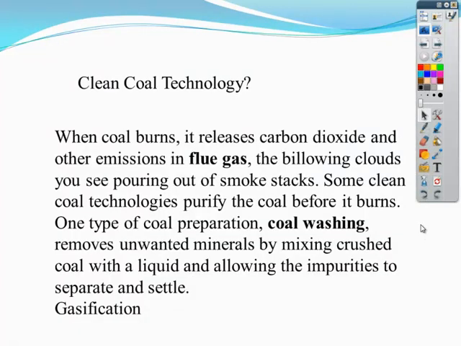So what exactly is clean coal technology? Well, as you already know, when you burn coal, it releases, one, carbon dioxide, which is a big issue with climate change. In fact, coal burning power plants are our number one producer of carbon dioxide that contributes to climate change.